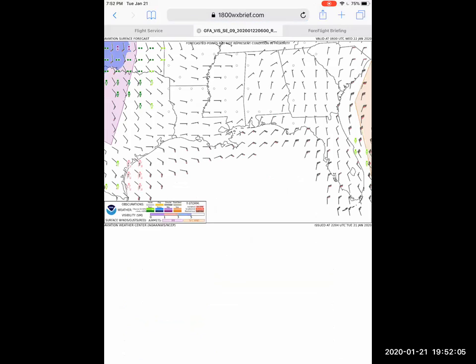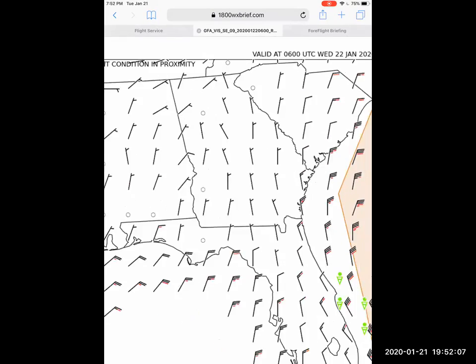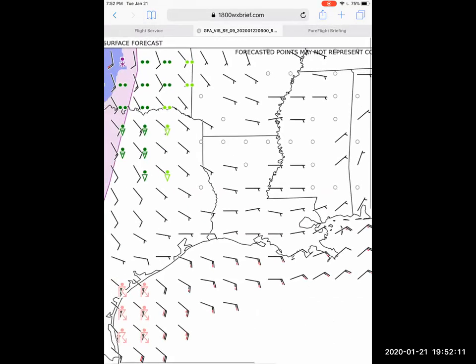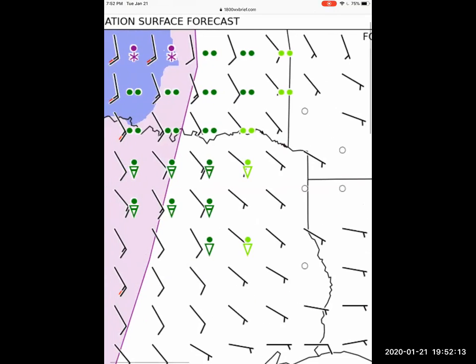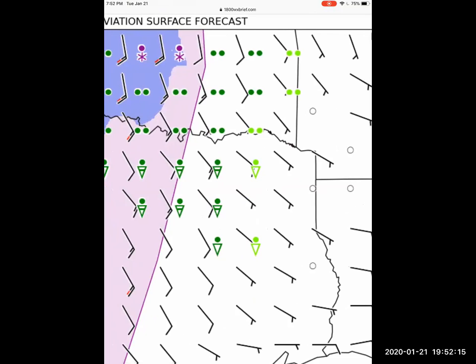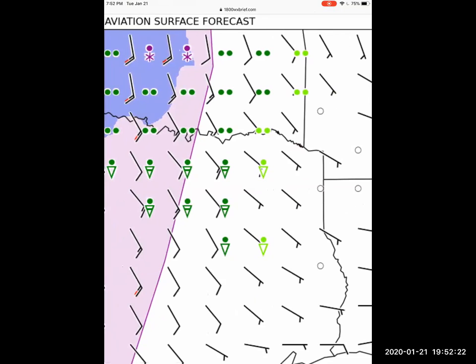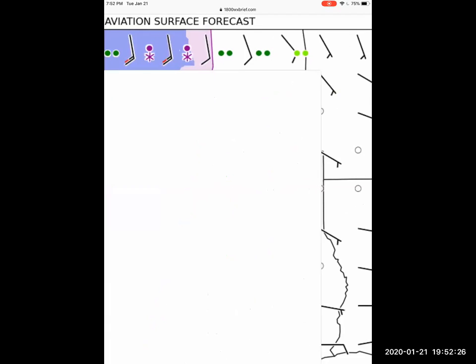Let's jump to the 0600 Zulu forecast and see if they give that to us correctly. They did on this one. And so sure enough, we can see what has happened. That system has pushed from west to east. Certainly we're expecting a high chance for rain, and even worse conditions, we can see the winds pick up.